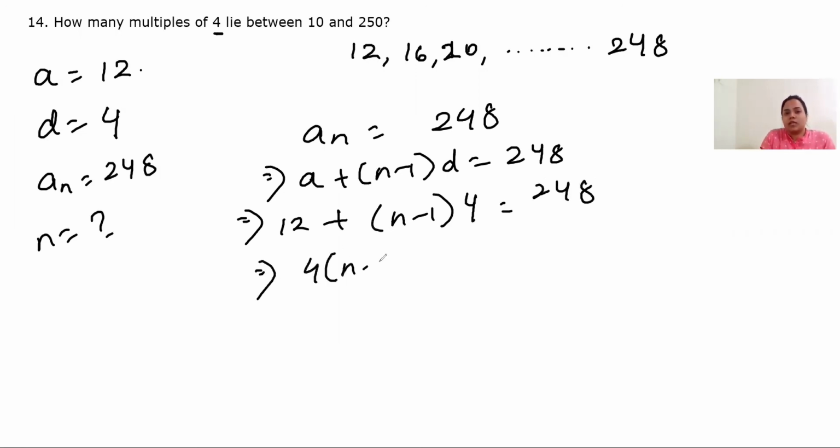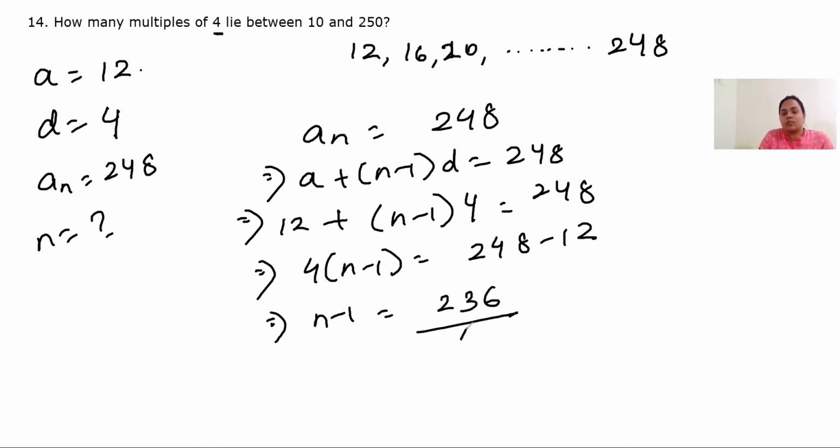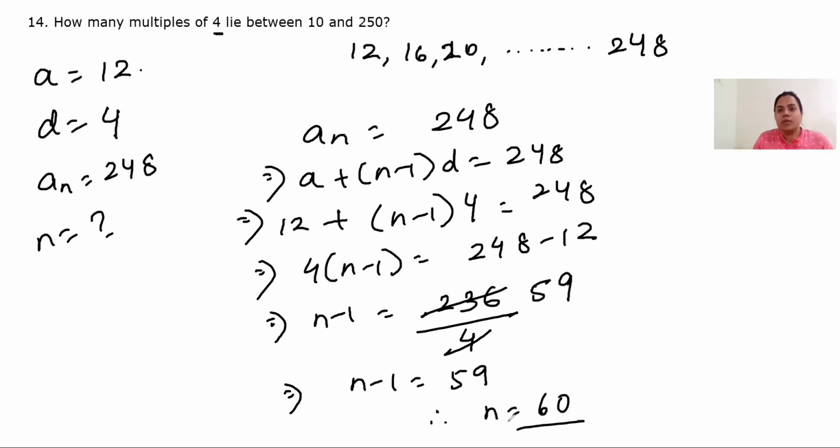I'll take 12 that side. 248 minus 12, I'll be left with n minus 1 is equal to 236 divided by 4. 4 fives are 20, 4 nines are 36. So n minus 1 is 59. Therefore, n is equal to 60. It means that between 10 and 250, there are 60 numbers which are multiples of 4. Fine.